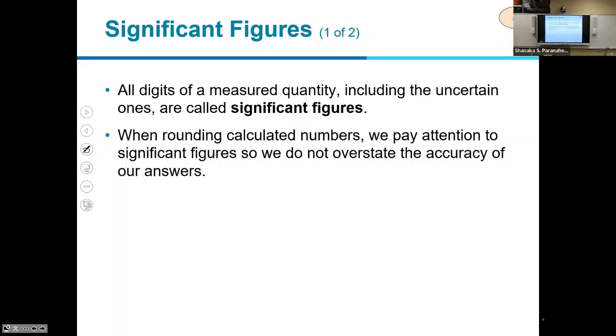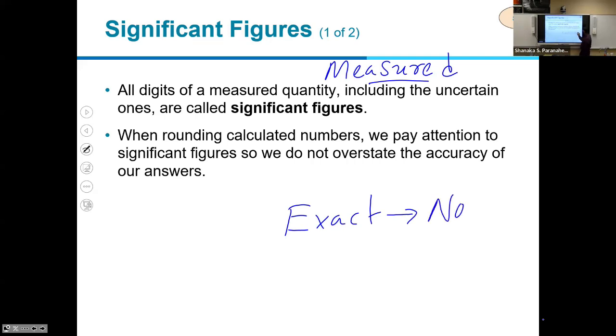Keep this in mind: you're going to count significant figures or digits only in measured values. You do not count those in exact values. Exact values have no significant figures.